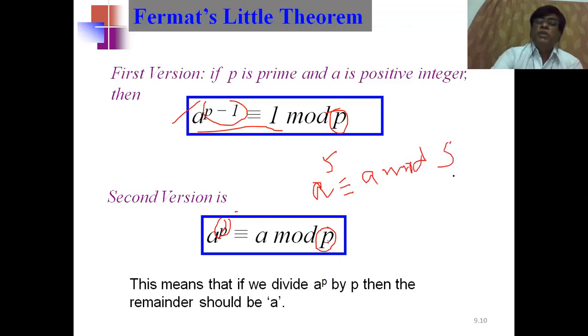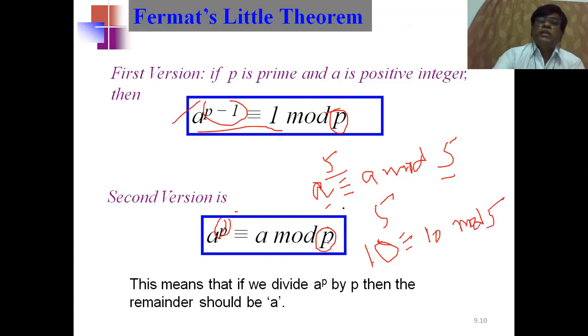So that means here we have 5, here you have 5. This A value can be any value. For example, A value is 10. 10 power 5 is always congruent to 10 mod 5.